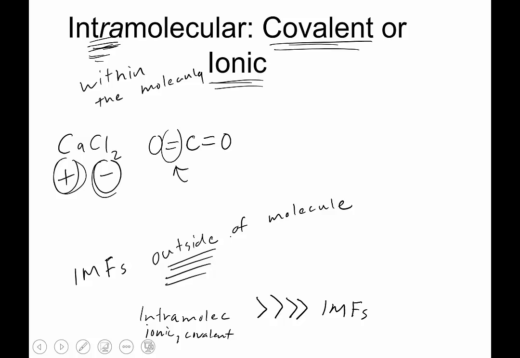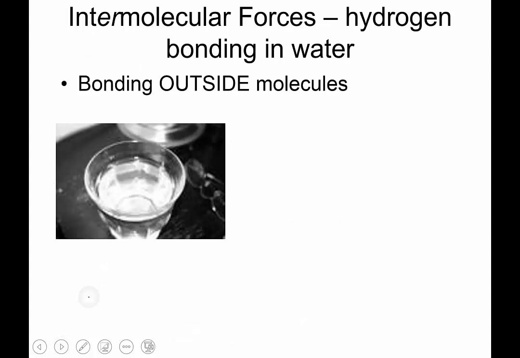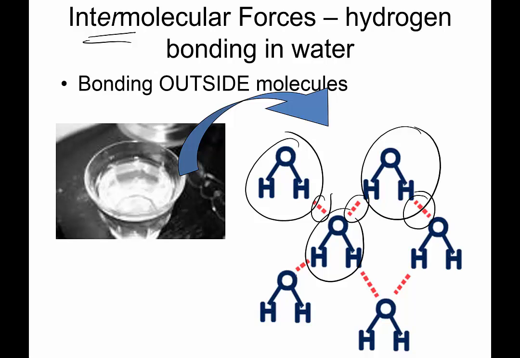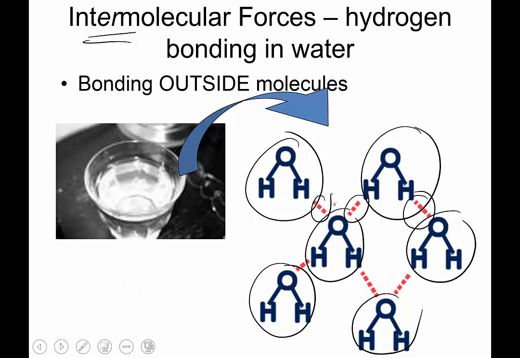So I just wanted to make that distinction. Inter are the forces, remember, on the outside. It's these red dashes here. I think a little bit ago I said I was going to make them green, but this time I made them red.